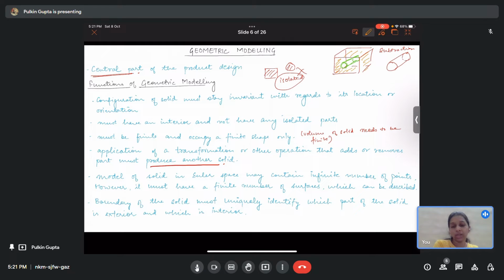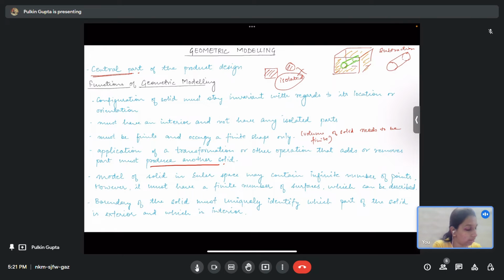A model of a solid in Euclidean space may contain an infinite number of points, as I mentioned just now. However, it must have a finite number of surfaces which can be described.